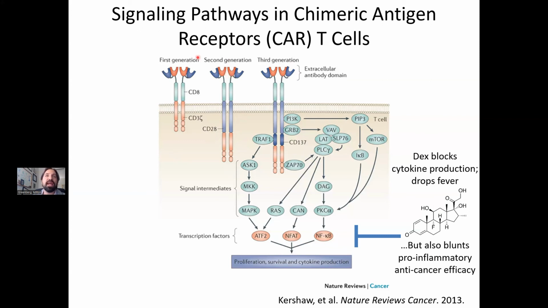Here he used an antibody domain, an antibody that's targeted against CD19, taken that antibody and put it into the T cell.